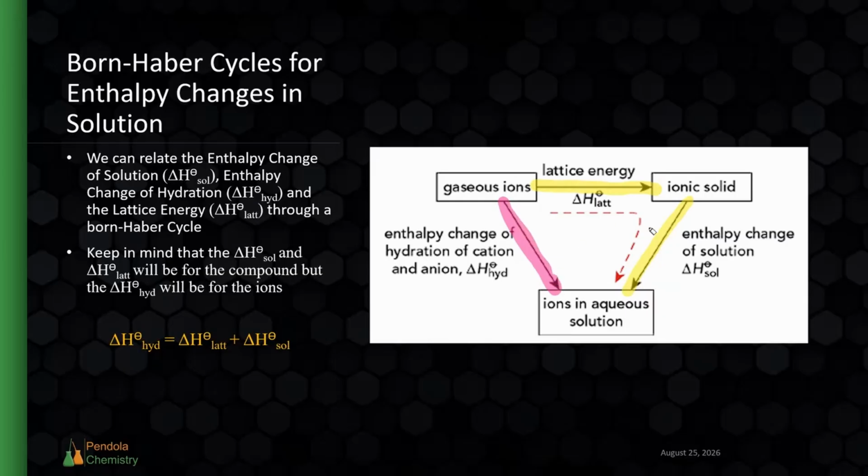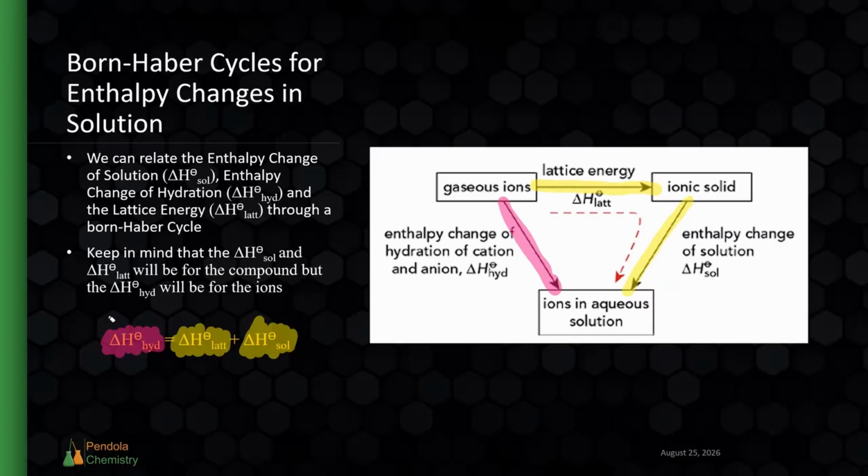So if we wanted to make an equation out of this Hess cycle, we will again create our alternate path arrow. So we have on one side the disagreement arrow, which is the enthalpy change of hydration, equal to the two arrows that do agree, which are the enthalpy change of the lattice plus the enthalpy change of solution. So this plus this is equal to this.